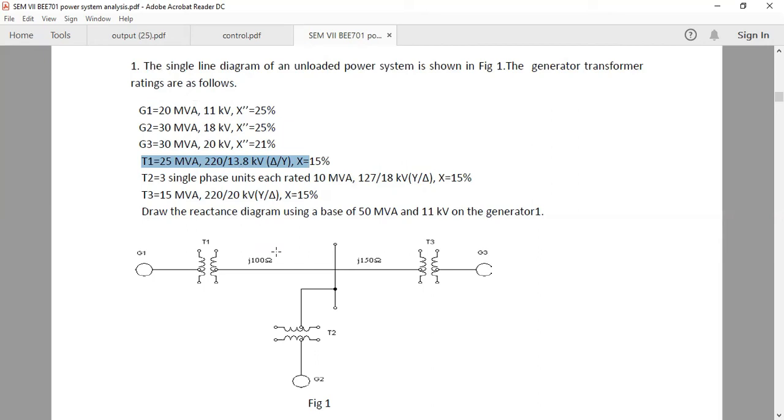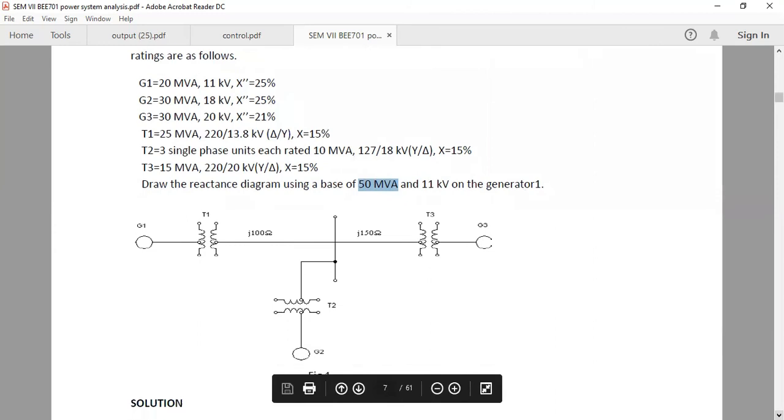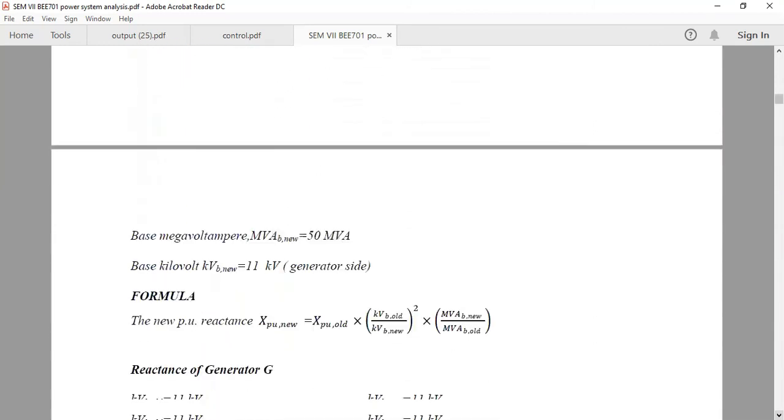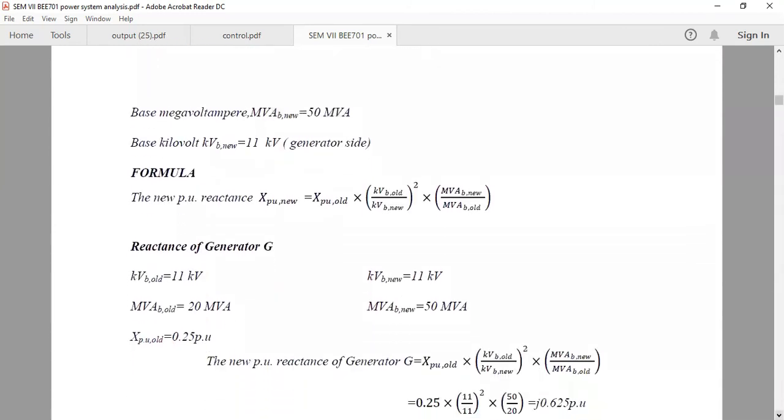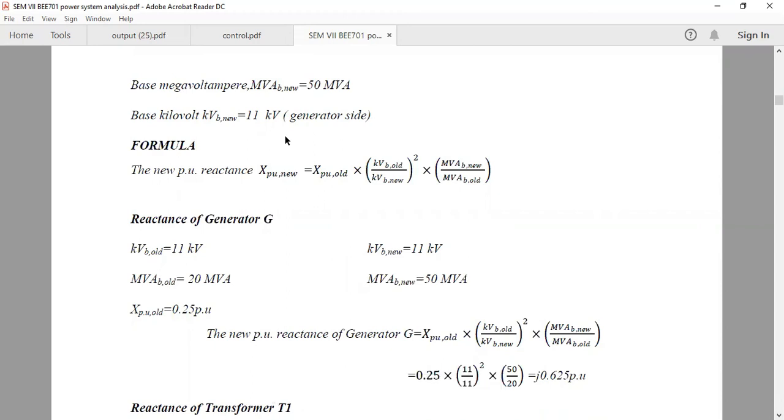So for this particular system, we are considering 50 MVA as it is given in the problem statement itself, and 11 kV on generator 1. Let's proceed for the calculations, that is the solution part. So base MVA is 50 MVA and base kV is 11 kV, which is the new base on the generator side.